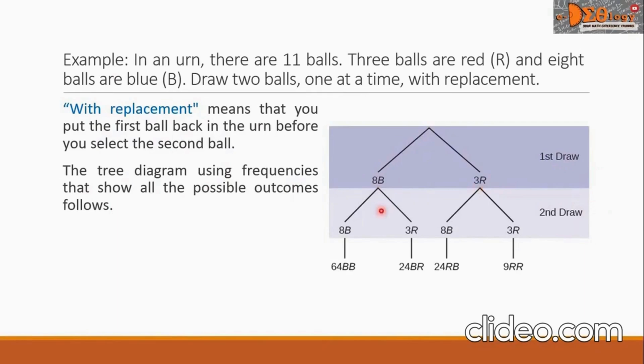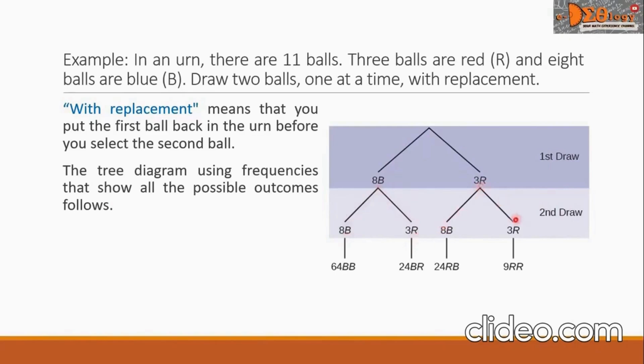Please note also that the problem says that the first ball is being replaced in the urn. That's why you see here there are 2 branches under the blue balls. In this first branch, there are 8 balls. In the second branch, there are 3 balls.